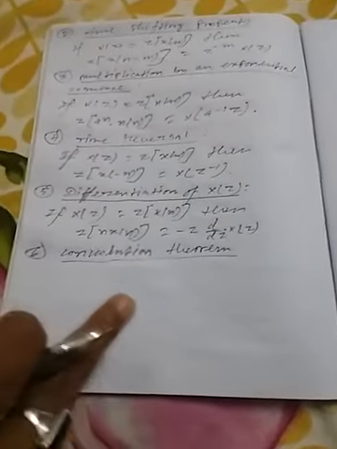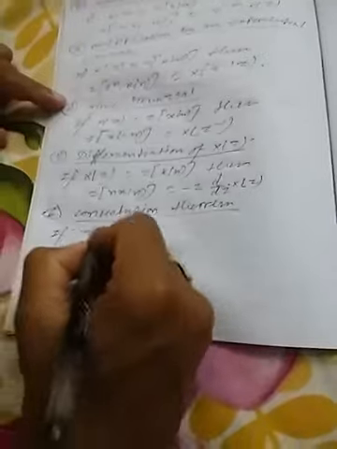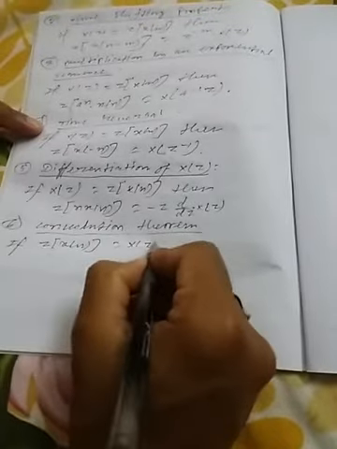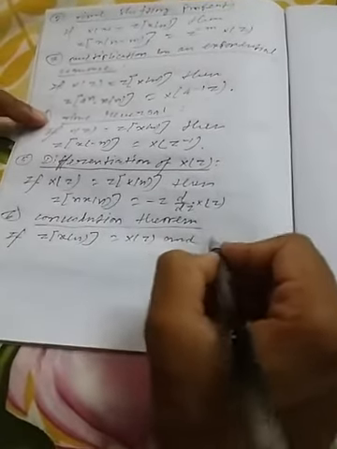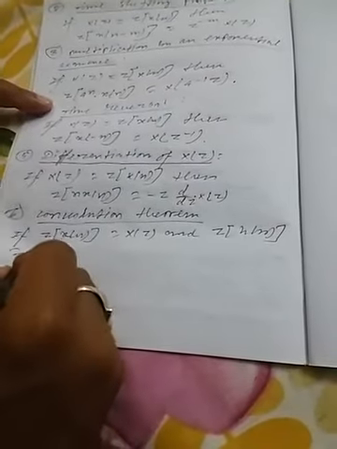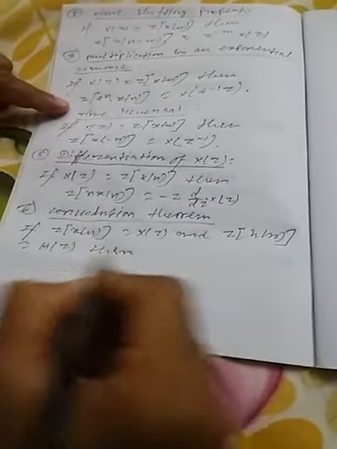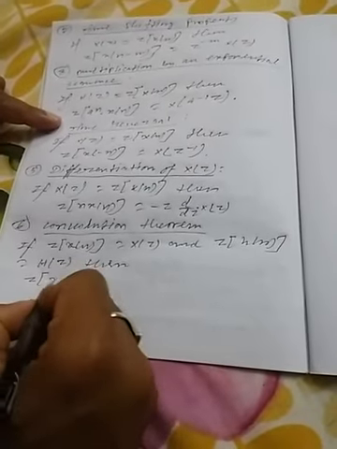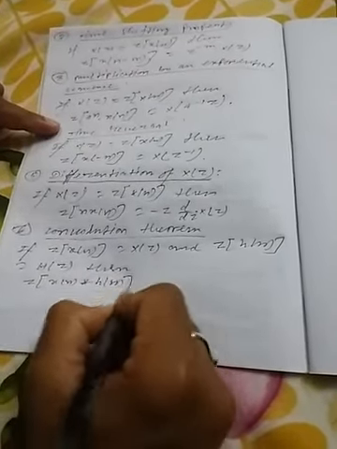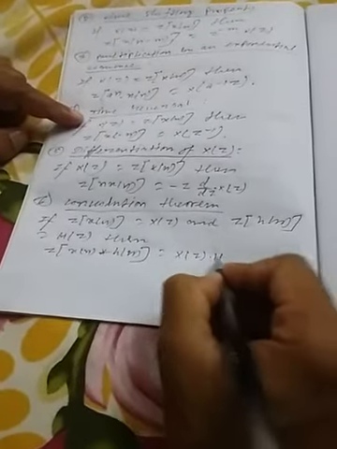Now number 6 is the convolution theorem. If the Z transform of any sequence x(n) is equal to X(z), and the Z transform of another sequence h(n) is equal to capital H(z), then the Z transform of the convolution of the two sequences x(n) and h(n) is equal to capital X(z) into H(z).